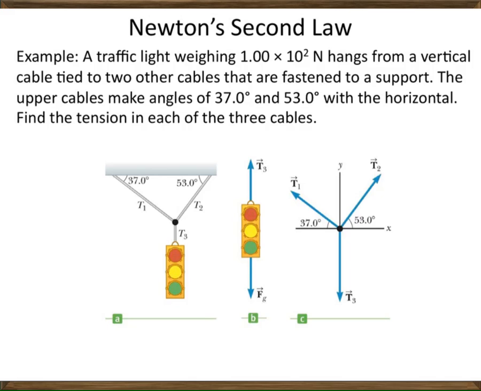And by the geometry, you can easily put, first of all, the coordinate system, which puts this point onto the origin. This is the horizontal axis. And you can easily determine the angles of these forces with the axis. For example, the angle between T2 and the x-axis is 53 degrees because the string is attached to the ceiling with a 53 degrees angle.